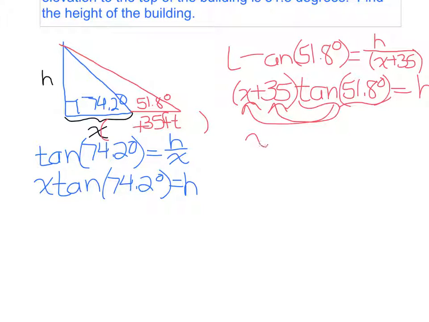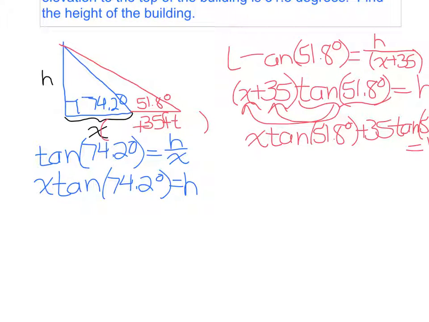So in the end, it's going to give us x tangent of 51.8 degrees plus 35 times the tangent of 51.8 degrees equals h.